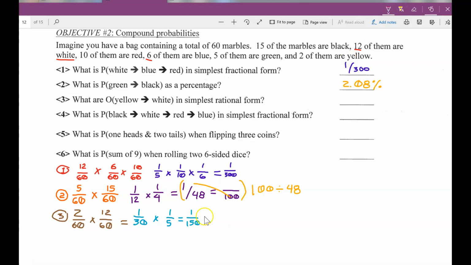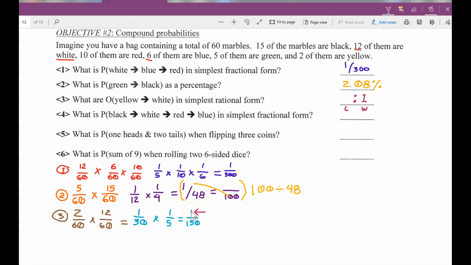But wait, we want to turn this into odds. So remember, we have a ratio, so colon in the middle. We want losers on the left and winners on the right. How many ways are there to win? Well, that's our numerator. There's one way to win. So how many losers are there? Sorry, there's 150 total possibilities.